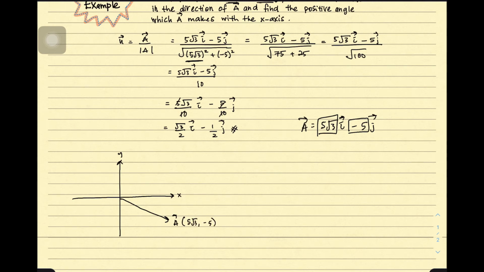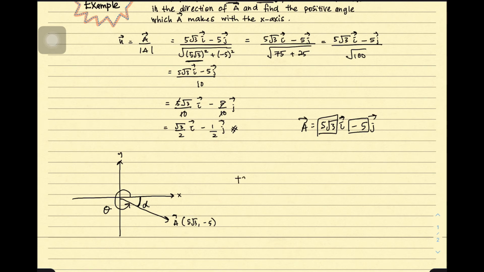Okay, now you want to find the angle which A makes with the x-axis, means that this one is the x-axis, so the angle will be here, which is the theta. Okay, but then you can find the value of theta by finding first what is the value of alpha here. Okay, before this we have gone through in the first introduction to vector.